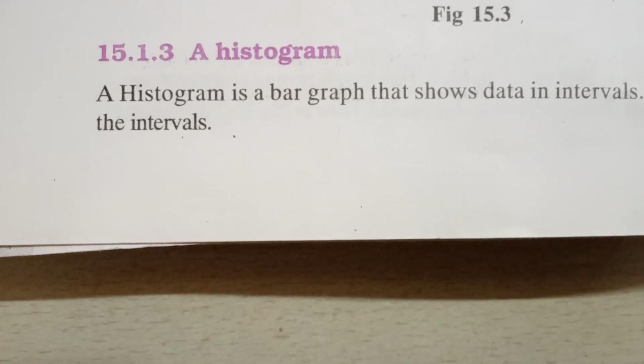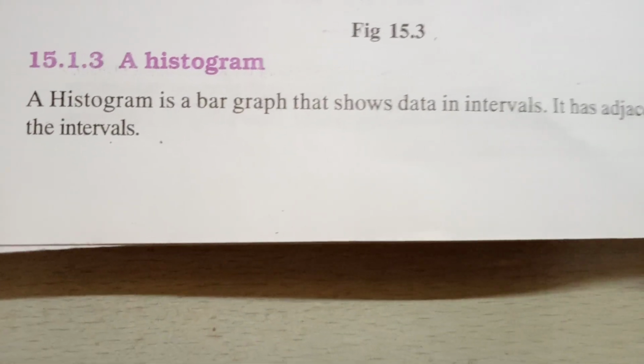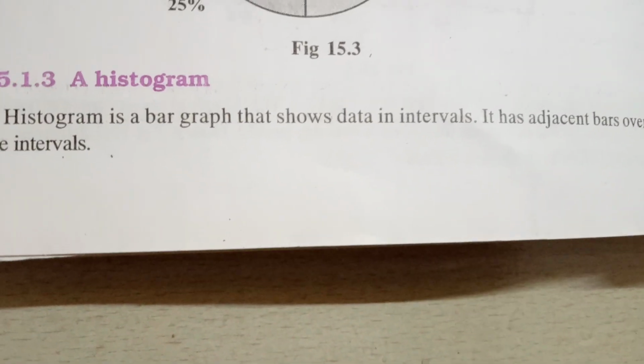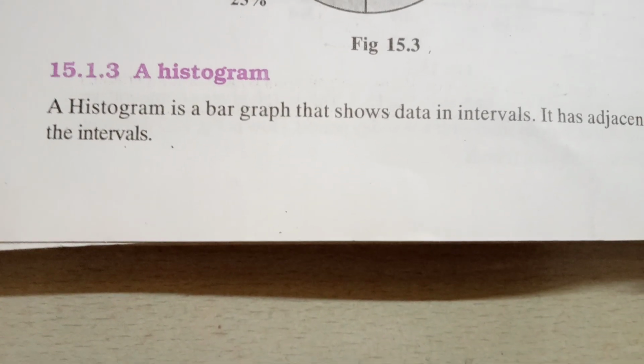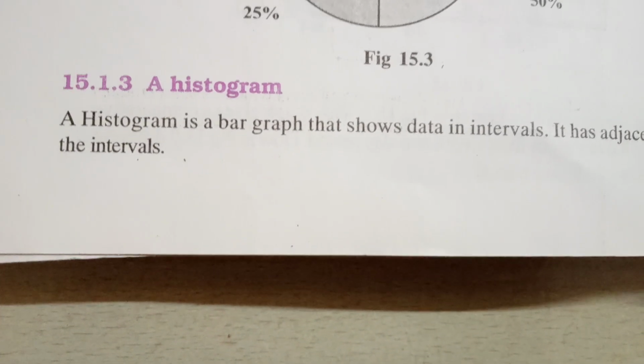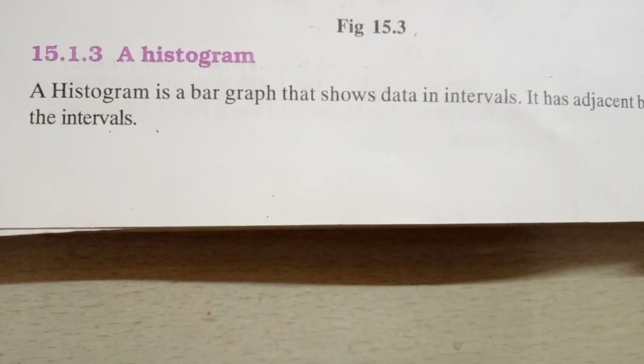Now we see a histogram. A histogram is a bar graph that shows data in intervals. It has adjacent bars over the intervals. What does that mean? There will not be any gap between the bars.